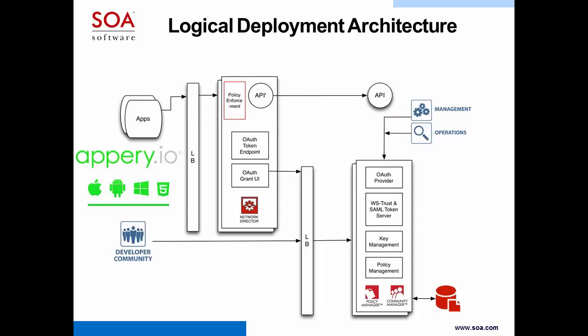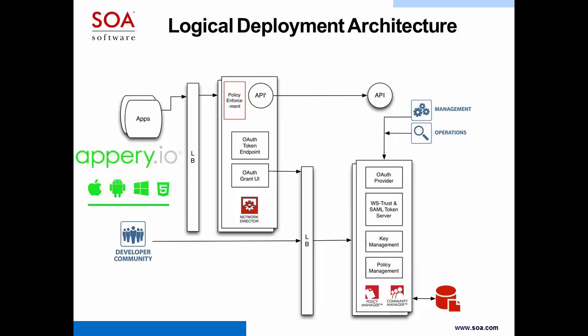Then you'll see on the right-hand side, the policy manager acts as the policy administration point, the policy decision point. That's what the API gateway will talk to ask the question, what is the contract that I need to enforce for this application that's consuming the API right now? So it'll look up the right contract, look up the policies that are attached to that contract.